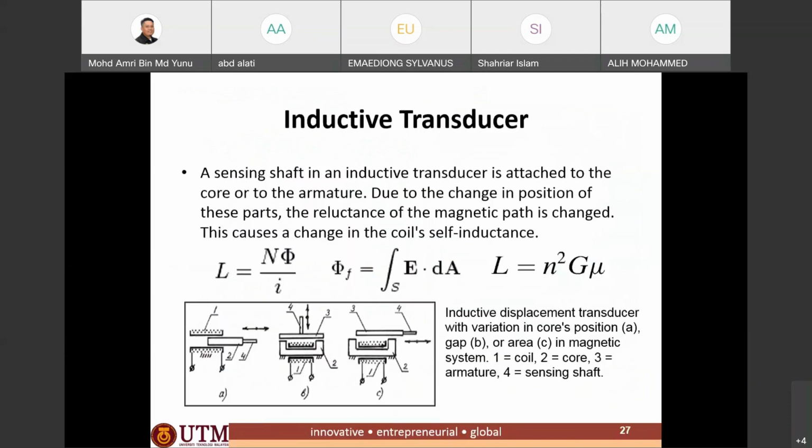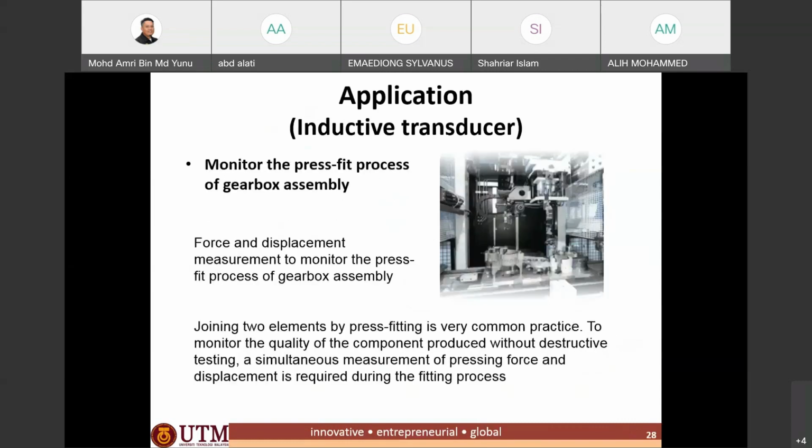And also we have a similar device. It is basically a simplified LVDT device. In this case, there is only one set of secondary windings, whereas the output is proportional to the change of inductance.